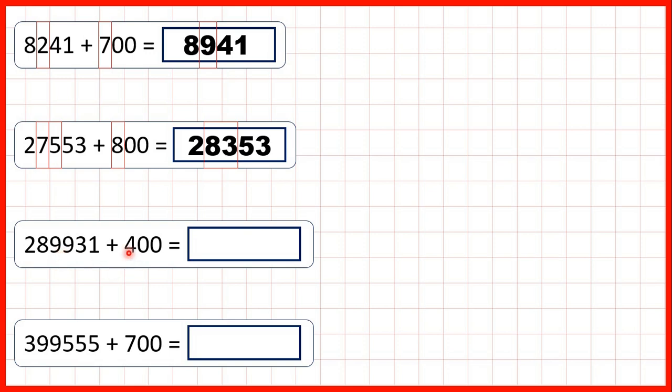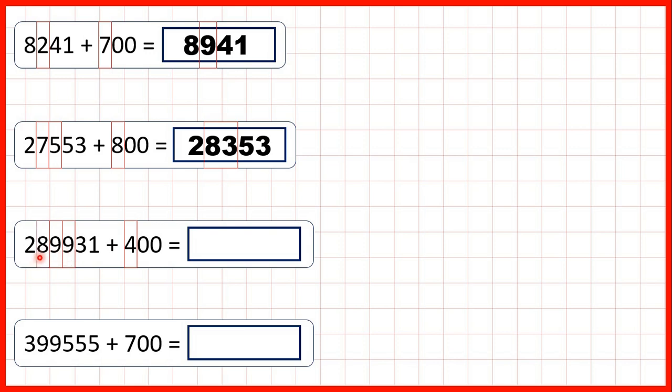Now 289,931 plus 400. If we highlight our hundreds digits, 9 plus 4 is 13, but that's a 2-digit number. So we need to go to the left and highlight our thousands digit as well. But now we have 99 plus 4. That's 103, but that's a 3-digit number, and we only have 2 digits highlighted.